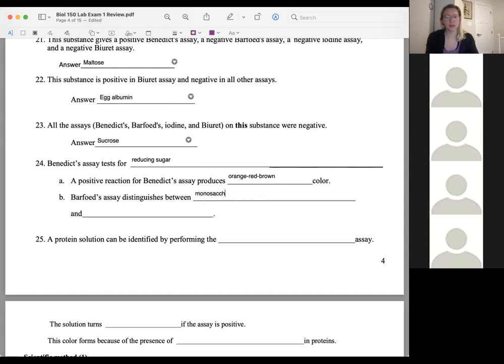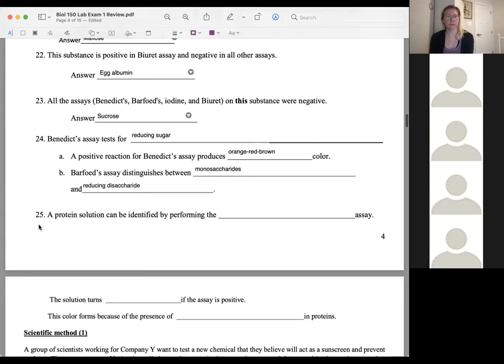Exactly. So this is how we are able to tell what is a monosaccharide and what is a reducing disaccharide. Beautiful.